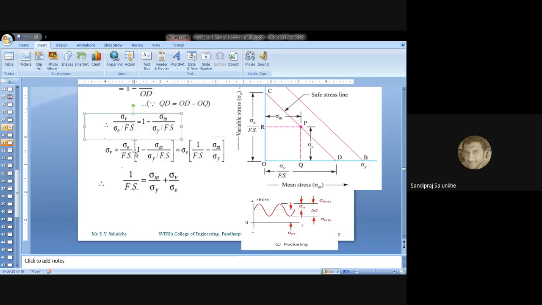Now here we are going to assume that the factor of safety for variable stress and mean stress is the same. That's why we can take this factor of safety common.